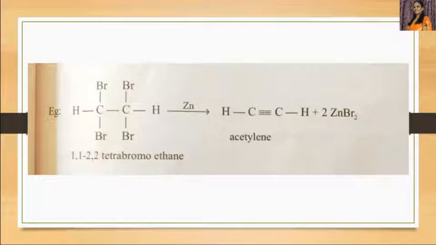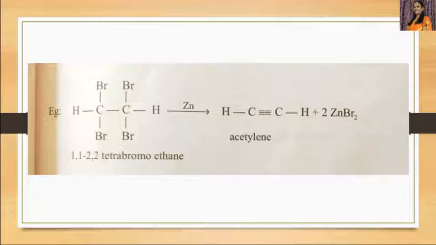When this is treated with alcoholic zinc dust, in the first step Zn removes two bromines. One bromine from this carbon and another bromine from this carbon are lost. In the next step, zinc removes two more bromine atoms from this molecule to form finally acetylene. Acetylene, that is HC triple bond CH, or C2H2.